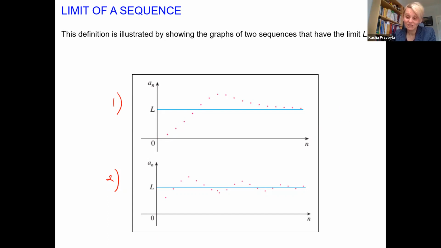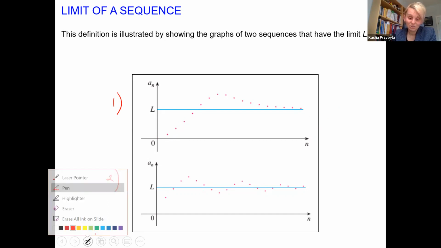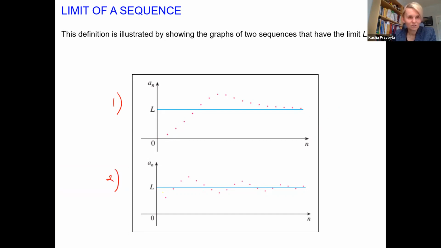The second one is interesting because I always call it a snake. It oscillates around the blue line, jumping up and down, below and above, but it's definitely approaching L. That means in both cases the limit is L.